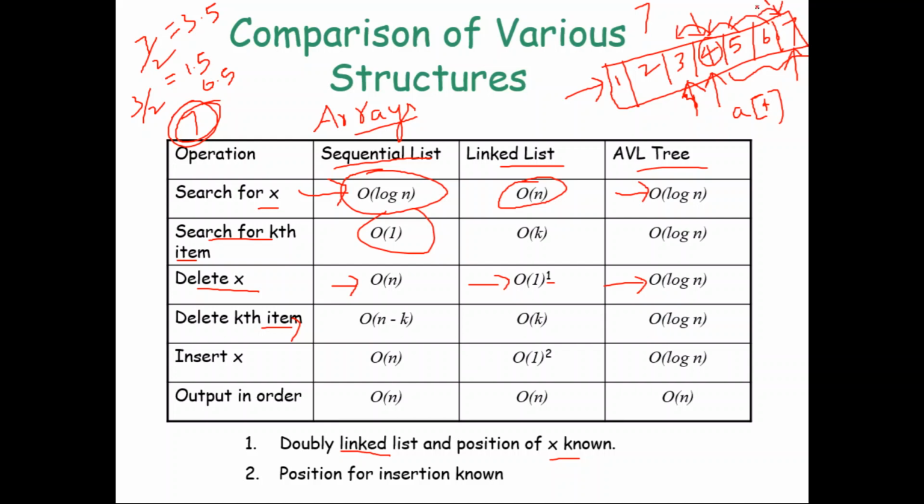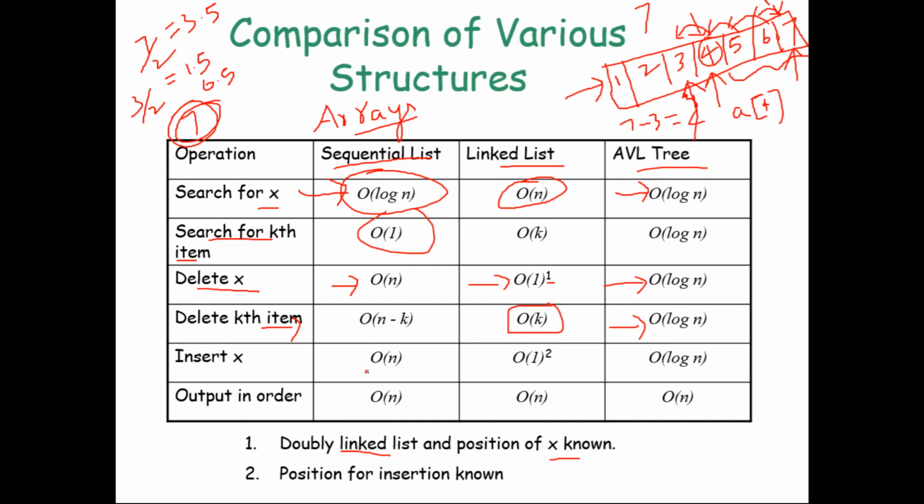You have to make n minus k moves. 7 minus 3 is 4. So 4 movements: 4 should be moved, 5 should be 6 and 7. So n minus k. Whereas for a linked list it is order of k, because you can identify the element and just delete it. How much time you take to identify the k, that is the core thing. But in an AVL tree it is order of log n.